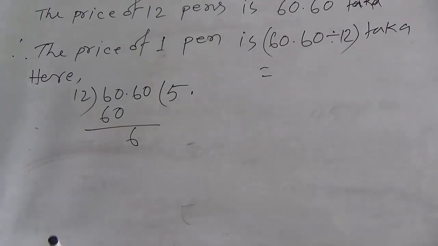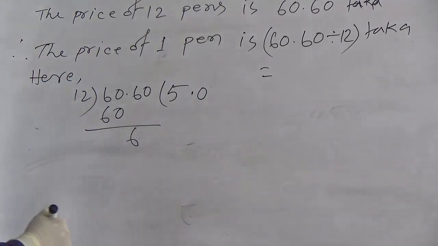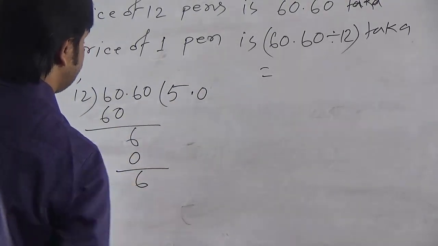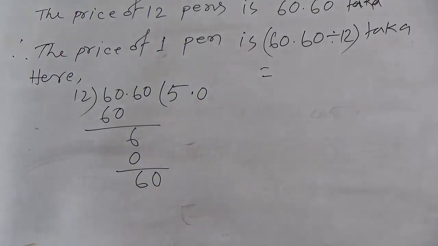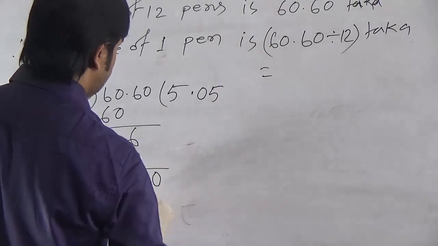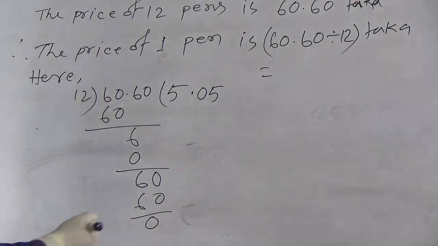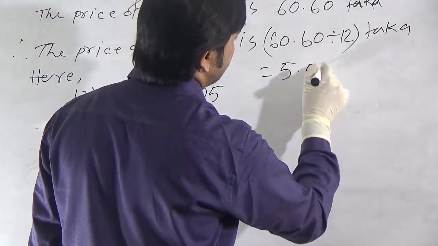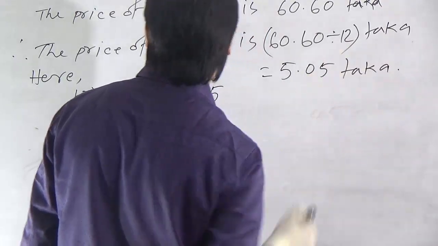As 6 is less than 12, we have to give a 0 in the quotient. Now 0 12s are 0. If we subtract, we will get 6. Now we have to take the next digit 0. This is 60 now. Again, in the times table of 12, 5 12s are 60. Subtract, we will get 0. So we can say 5.05 taka is the price of one pen.